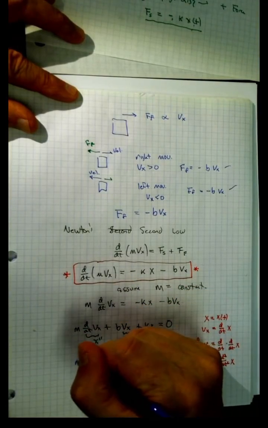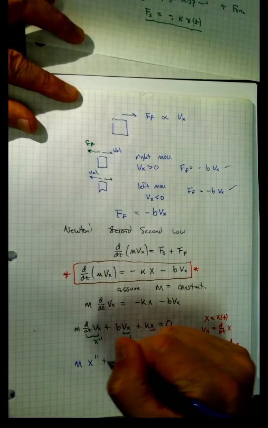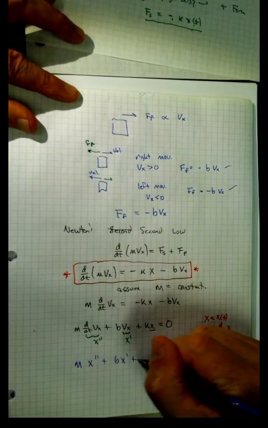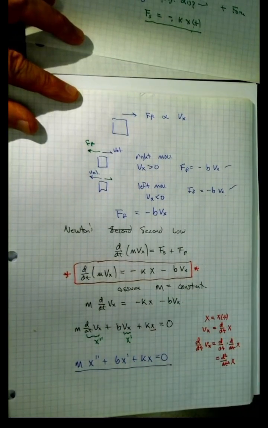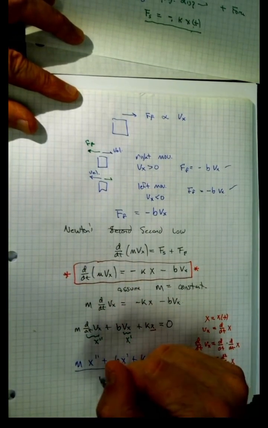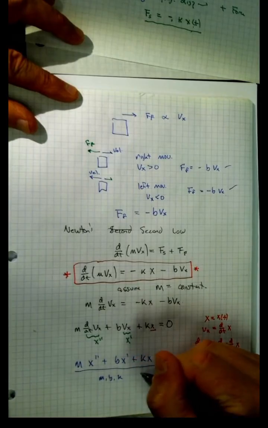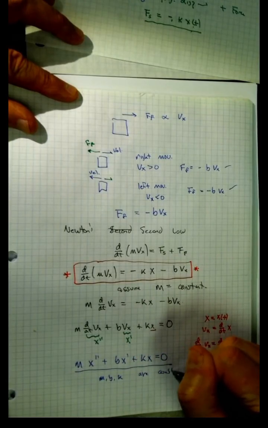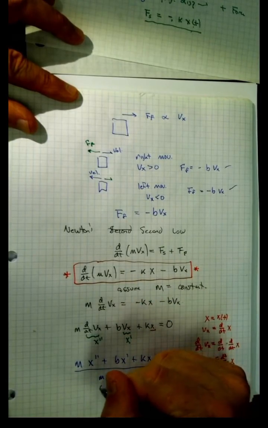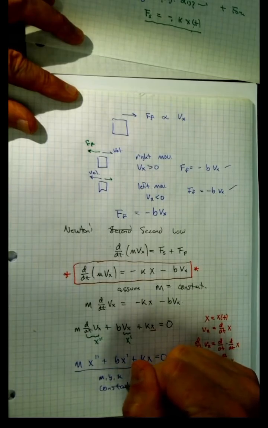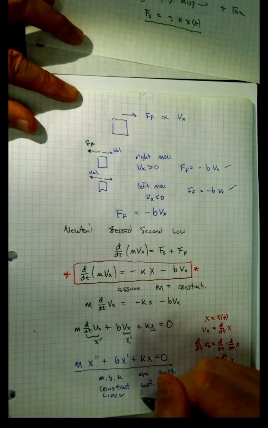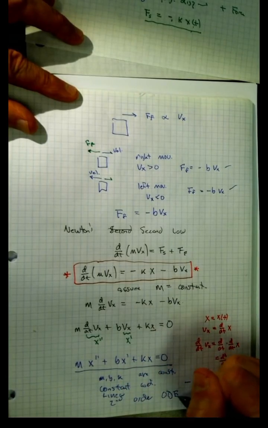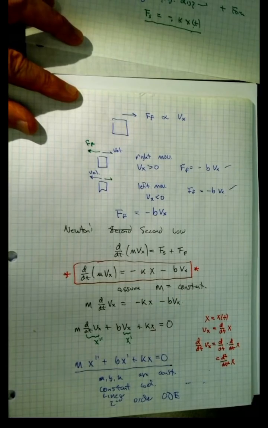So my differential equation describing the motion of the mass is this thing. And notice m, b, and k are constants. So it's a constant coefficient, linear, second order differential equation.